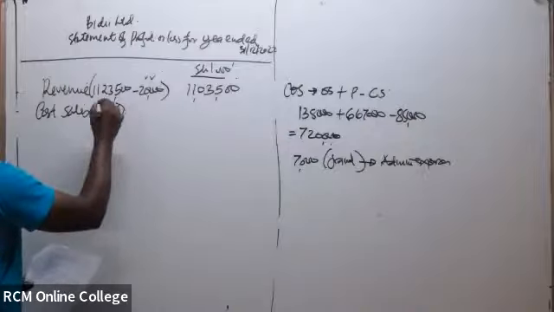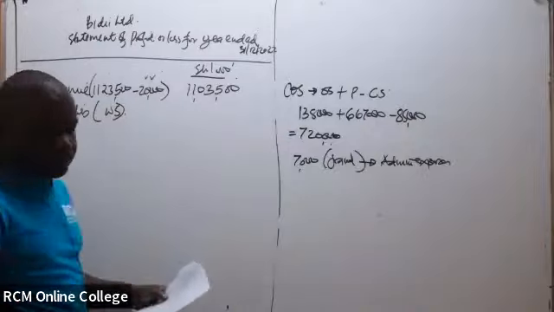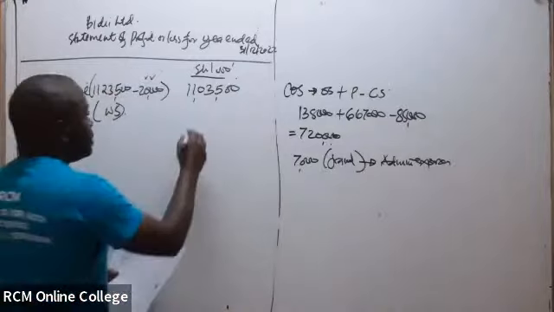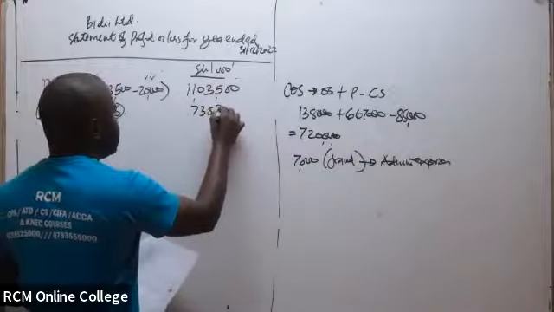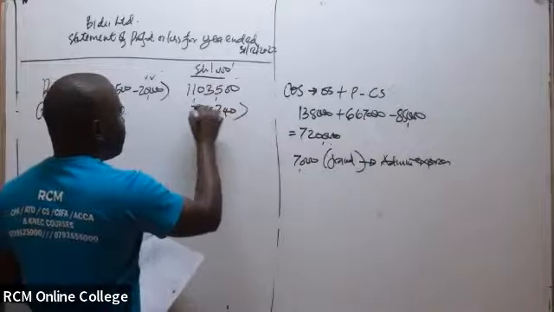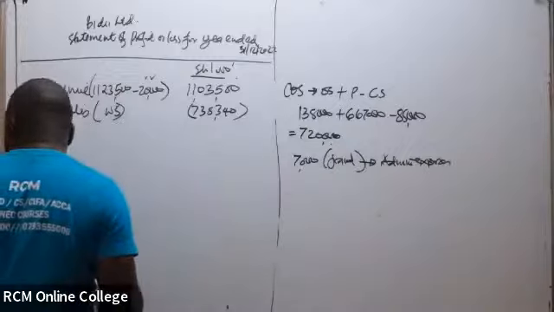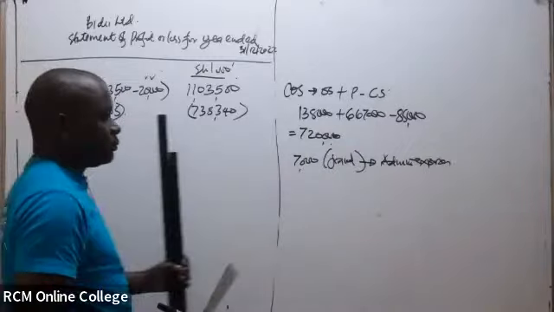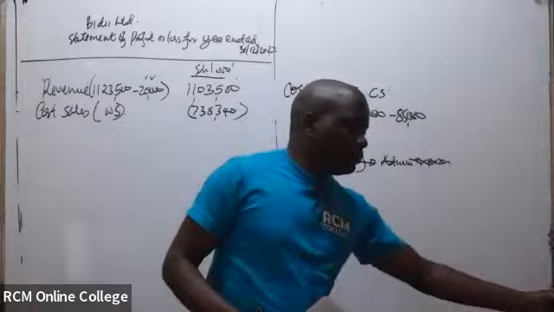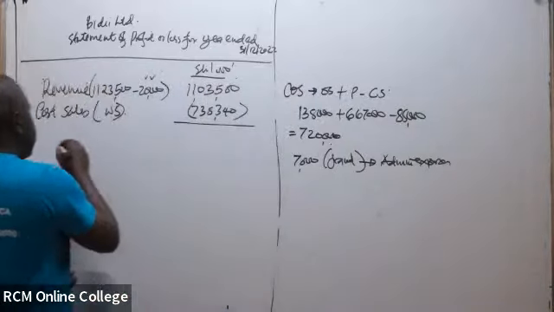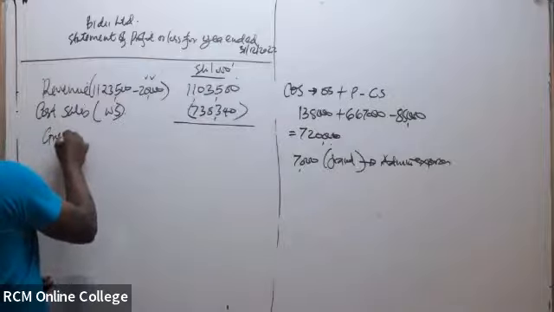working, is it working number 5? The cost of sales we've computed is exactly 738,340. And therefore you can get the difference, so that you can get the gross profit.